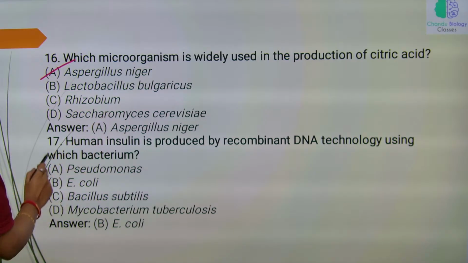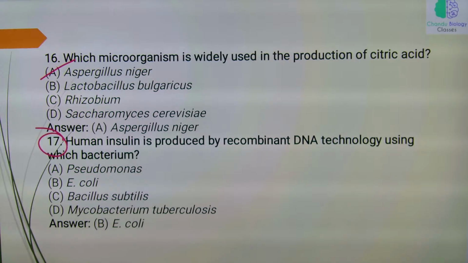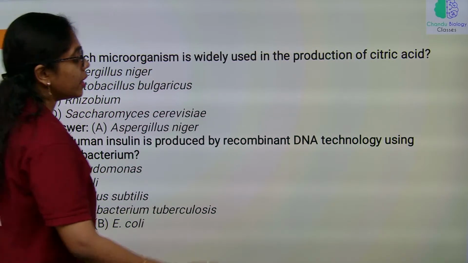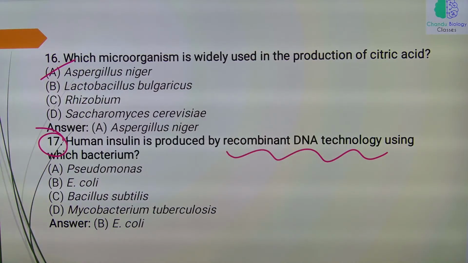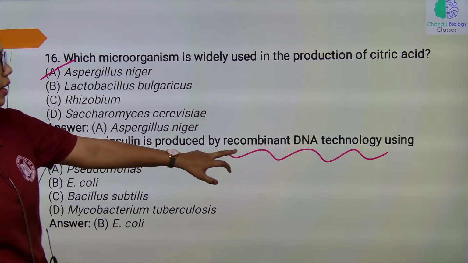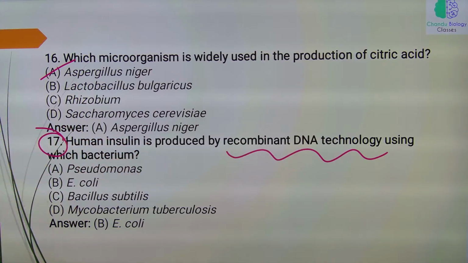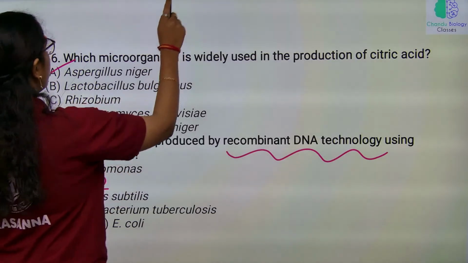And then human insulin is produced by recombinant DNA technology using which bacterium? That is E. coli. In n number of ways he might be asking, but the same question, okay. This is from E. coli, recombinant DNA technology.